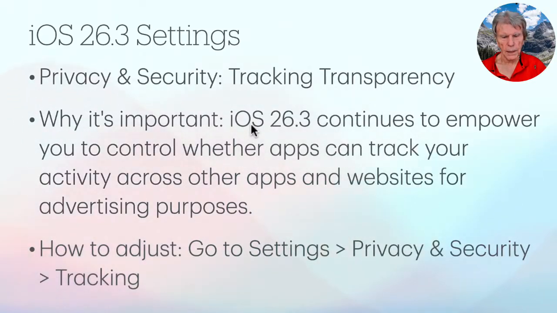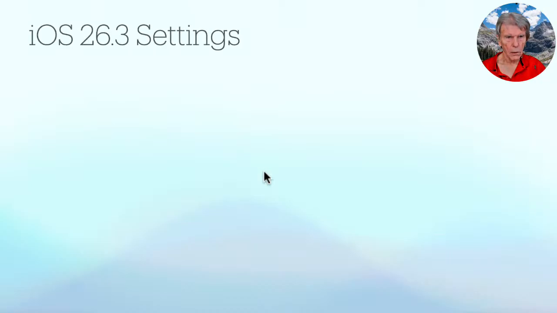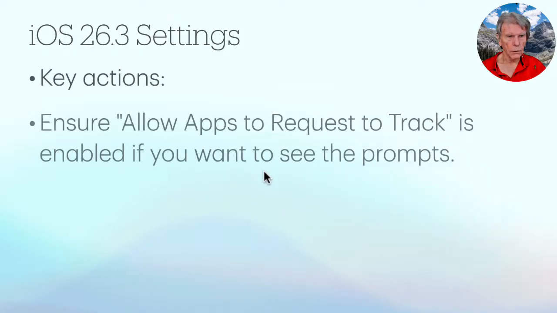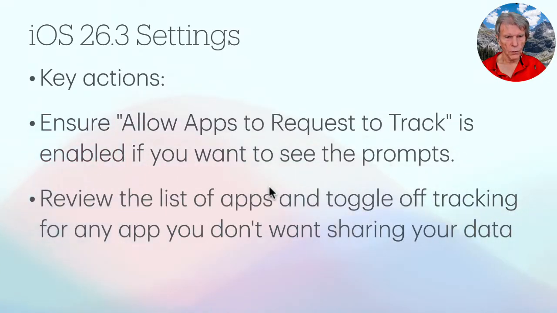So you go to Settings, Privacy and Security. So that's where we are. And Tracking. And then you would say allow apps to request to track is enabled if you want to see the prompt. And then you review the list of apps to toggle off tracking for any app you don't want sharing your data.